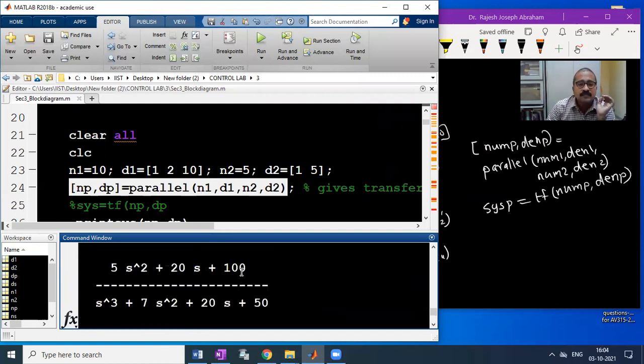Fine. So this will be the transfer function when the system is in parallel configuration. Are you getting me? Okay.